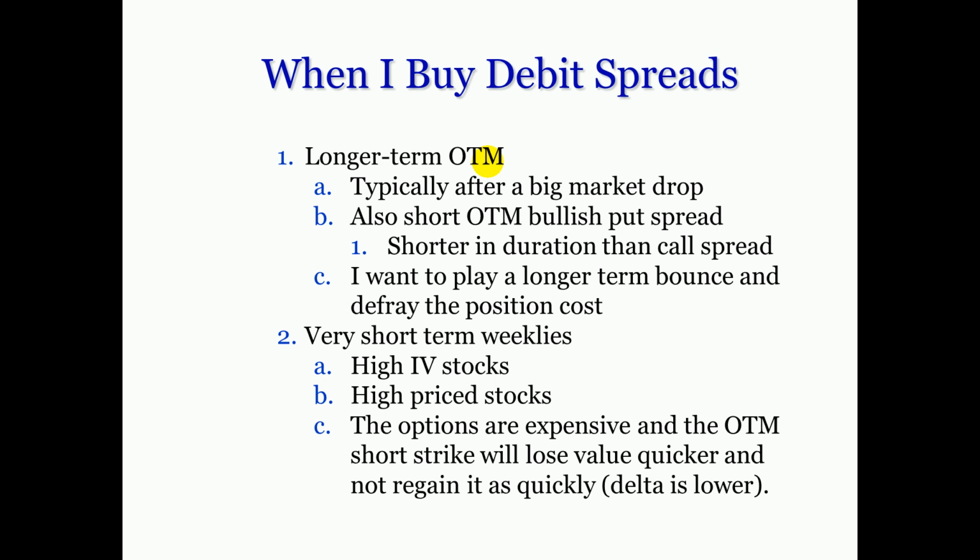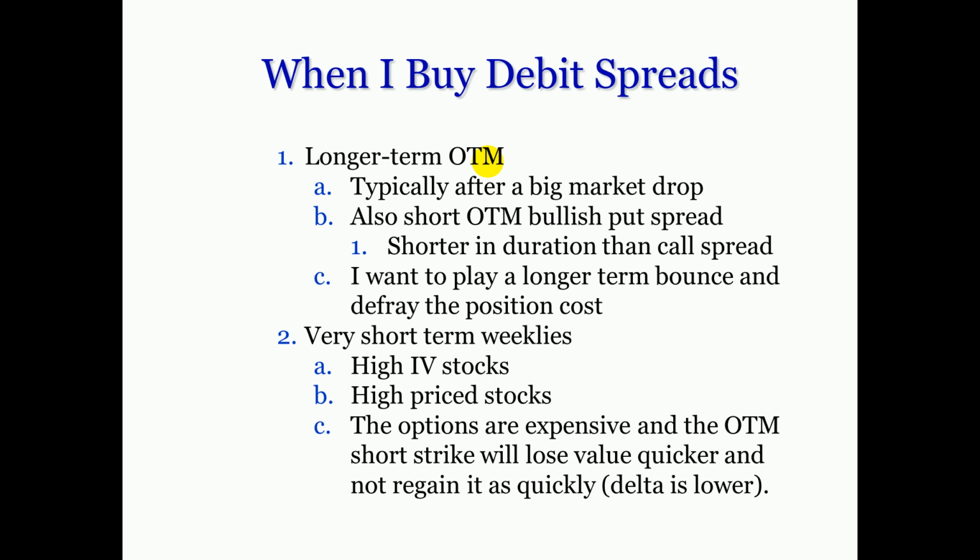The idea here is that the stock is going to rebound longer term over time, and that gradually that spread will increase in value. And typically, on these big market drops, I still want to make sure that I'm selling out of the money bullish put spreads because option implied volatilities are very, very high. And I want to take advantage of that extreme option implied volatility.